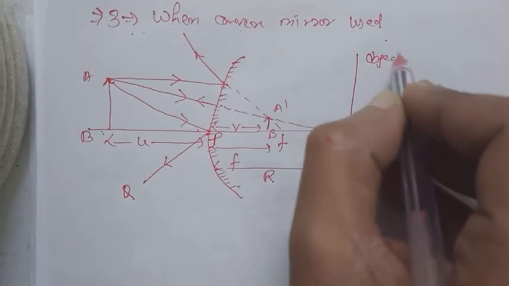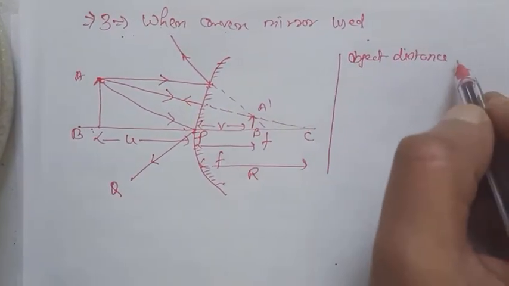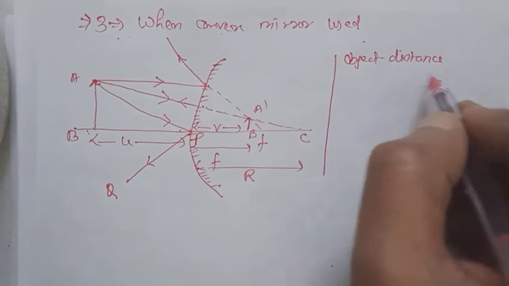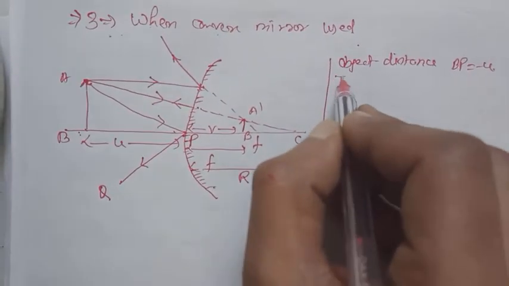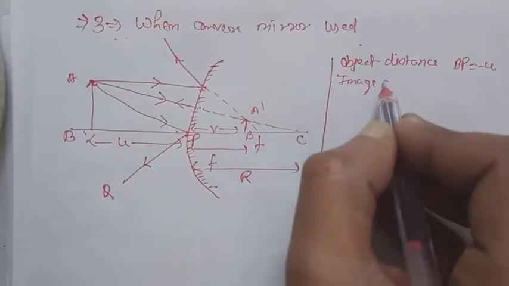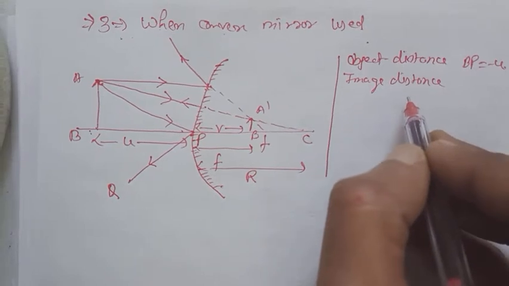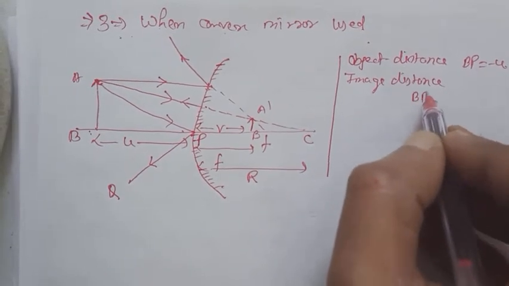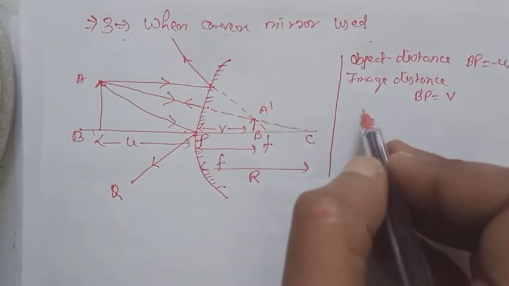Object distance, in terms of BP, equals minus U. Image distance, B dash P, is positive V, because it is in the direction of light.